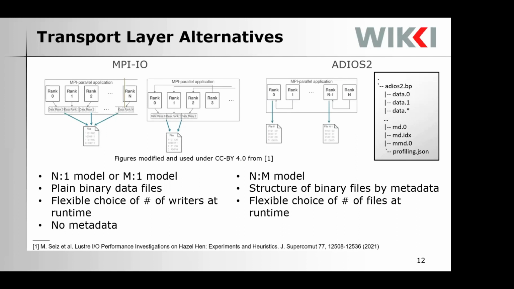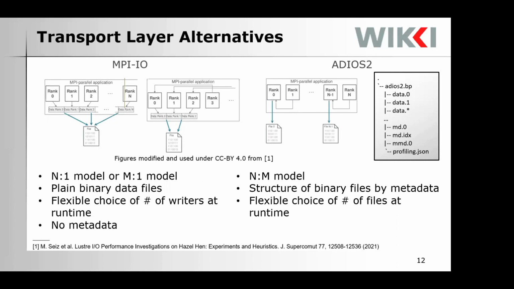Another alternative I just wanted to mention is MPI-IO. I won't go into the details, but here is why we didn't choose this one: because of this management, what I just explained, we needed to do it ourselves.